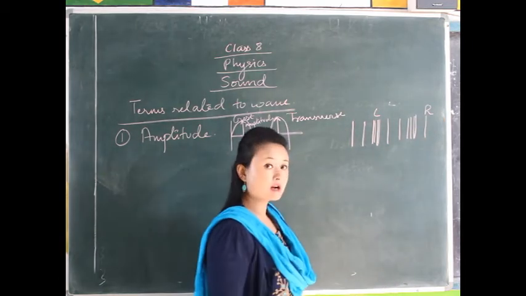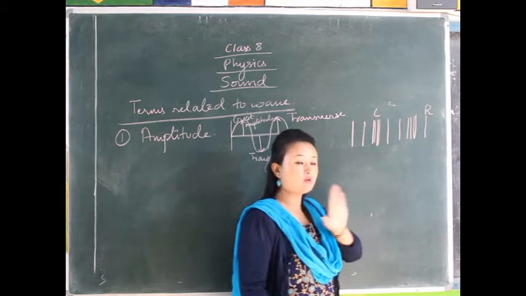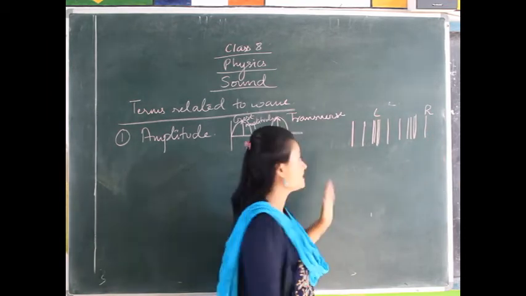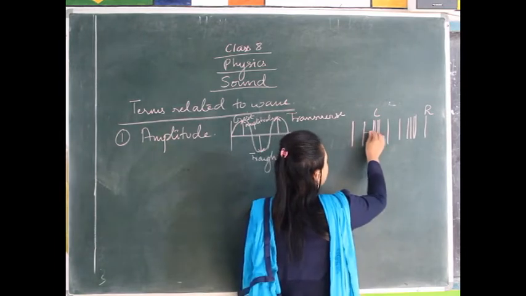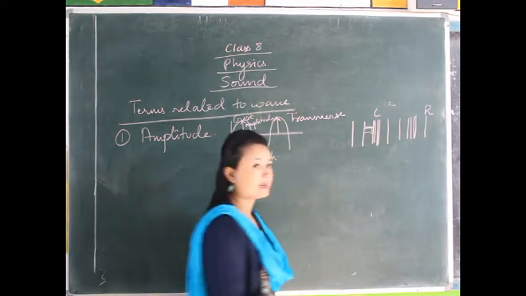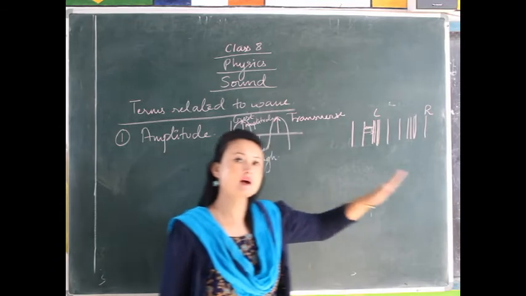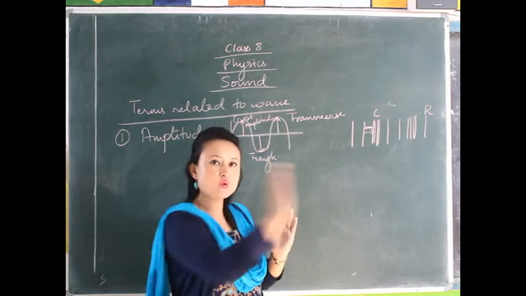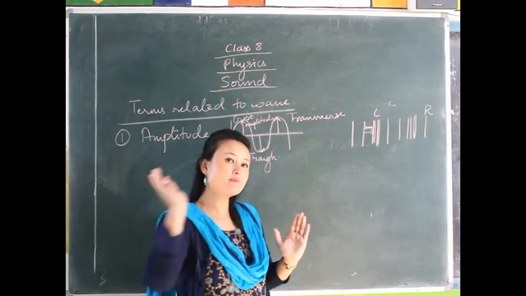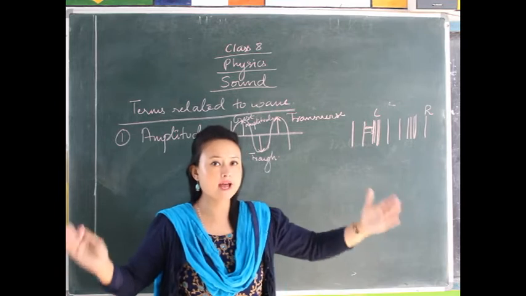When a particle moves to and fro, goes to the farthest point, touches the next particle and comes back, that maximum point that it reaches is its amplitude.